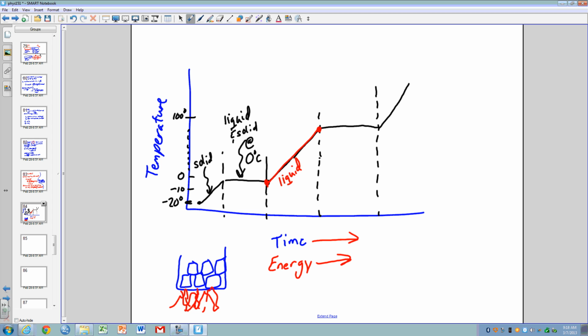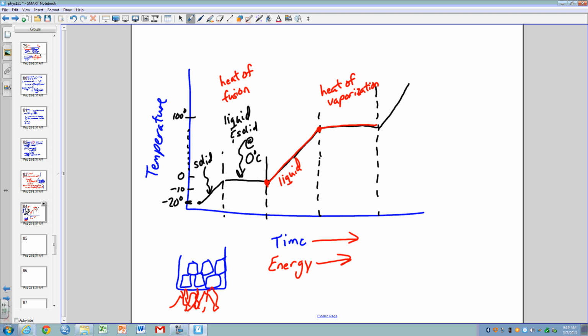And then at this point, I'm putting in my heat of vaporization. By the way, over here, I was putting in my heat of what? It's fusion, right? My heat of fusion.